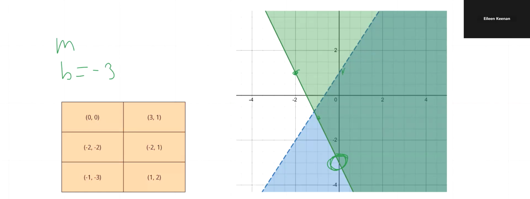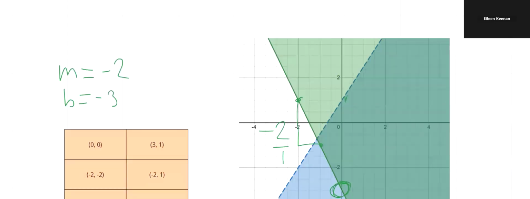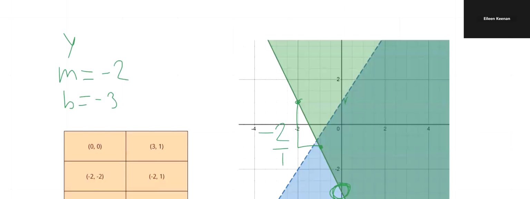To get from (-2, 1) to (-1, -1), I go down 2 over 1. So my slope is -2 over 1, or just -2. Now I can put that into my y formula. We don't know if it's going to be greater than or less than, but we do know it's going to be -2x minus 3.